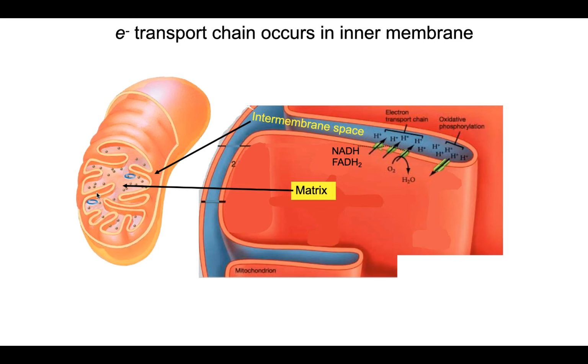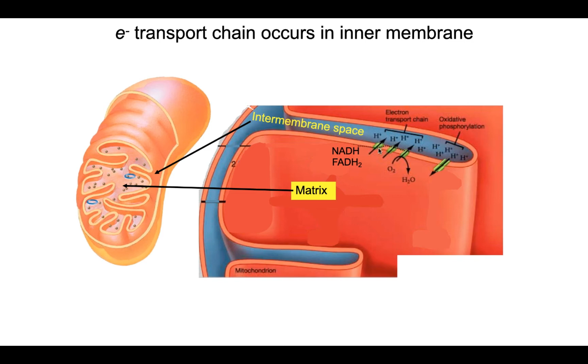And the more surface area that is, the more of these proteins that membrane can host. And then inside, that new compartment is called the matrix. And the compartment that exists between the inner membrane and the outer membrane is called the intermembrane space.